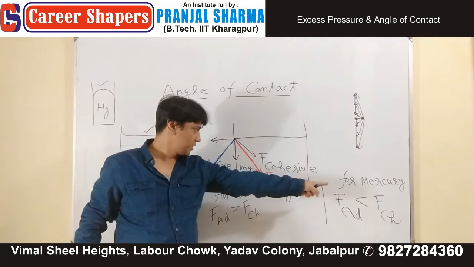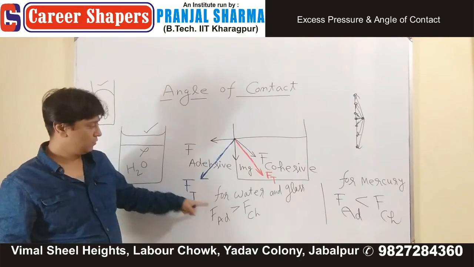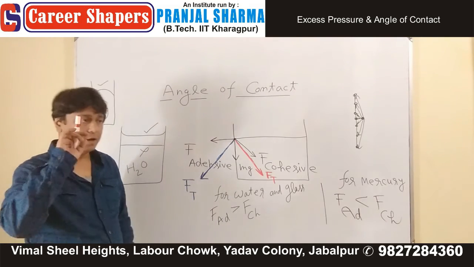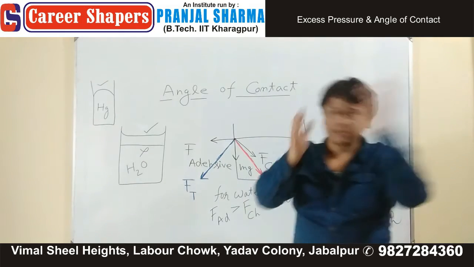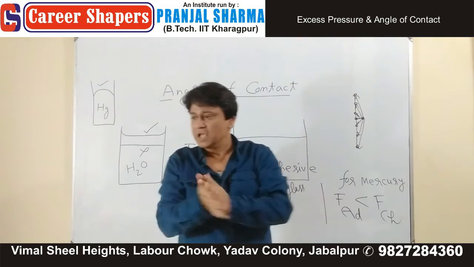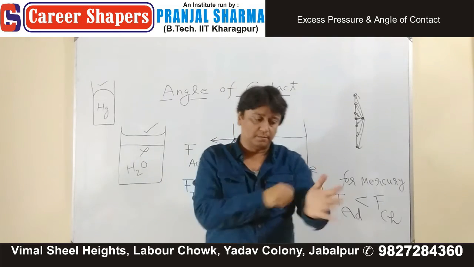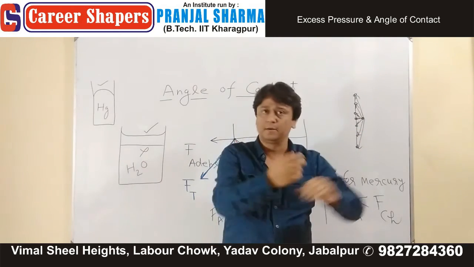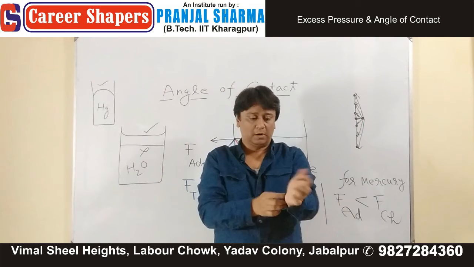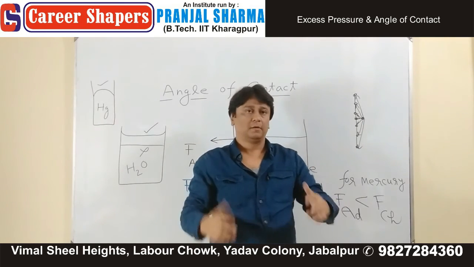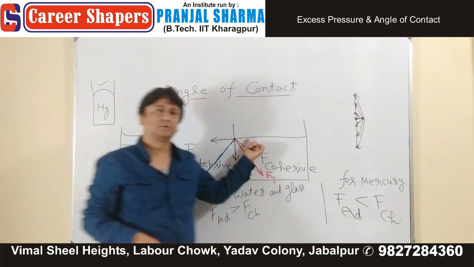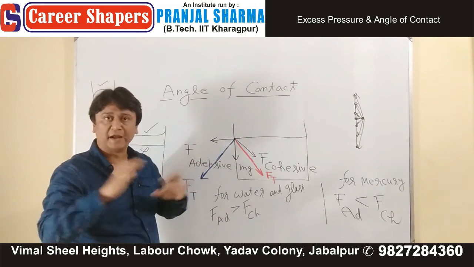Red for mercury, blue for water. Up. Notice this thing. Suppose you have a surface which can rearrange itself. Liquids always rearrange their shape.